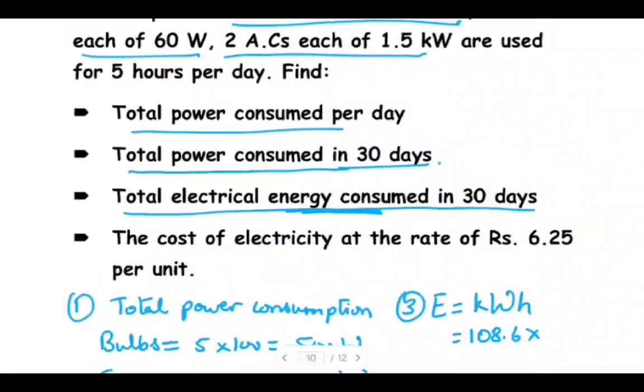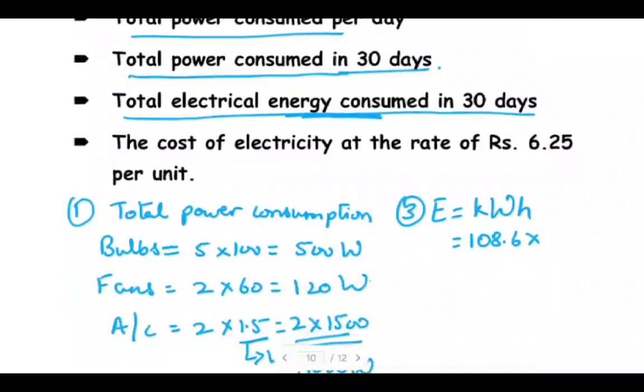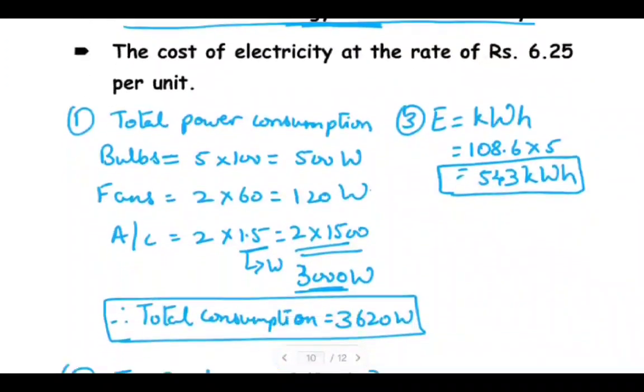How many hours a day? It says 5 hours a day. So 5 times that comes up to 543 kilowatt hour. Correct?